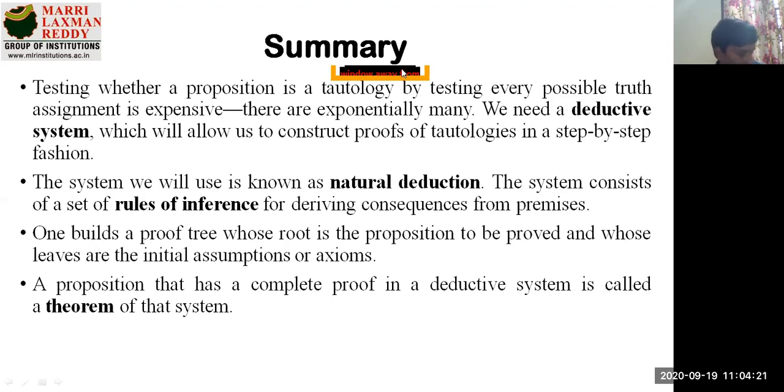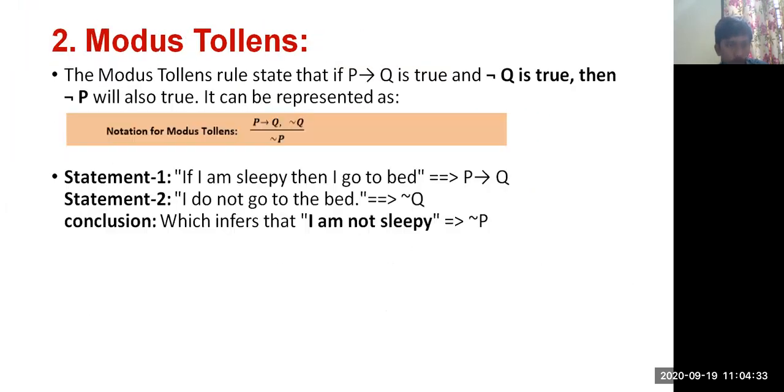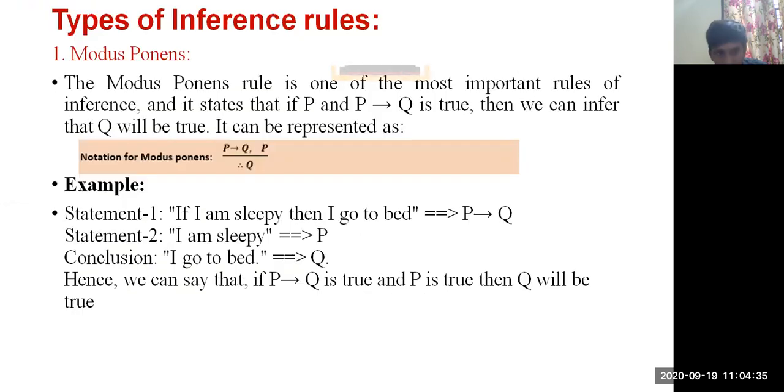I hope I have put into your mind the basics of the natural deduction system. But if you want to understand it, you need to have a quick understanding of all these rules. In Monday's session we'll try to discuss examples of all these things and cover this concept. Okay, thank you.